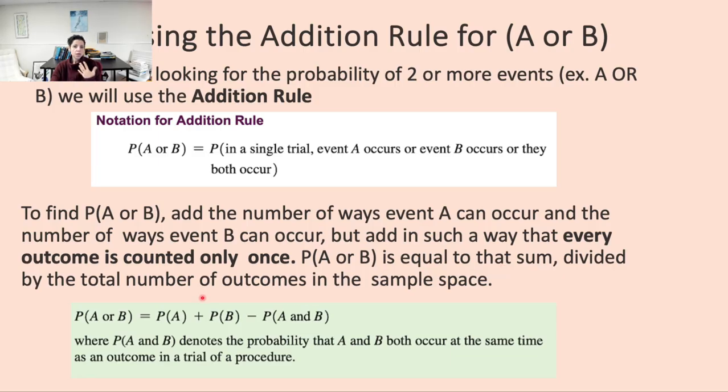Okay. So another way of putting this is that P(A or B) is equal to the probability of A, P(A), plus the probability of B, P(B), minus the probability of A and B occurring together, so that we don't count that twice. Okay. But again, this is all in one trial, all in the same trial.